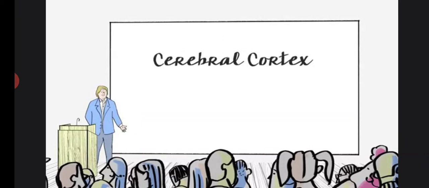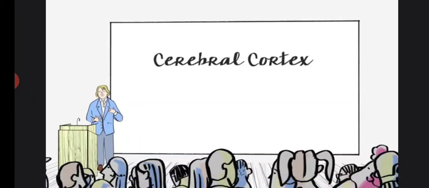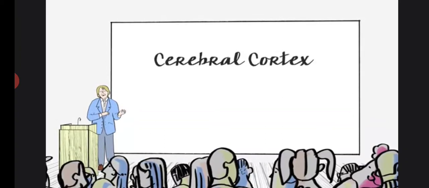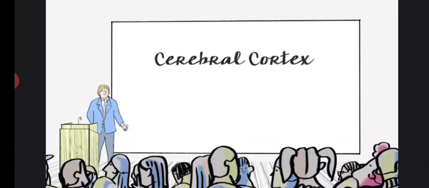There are different answers. So one answer is we can scan the brain. You can use MRI, which uses a high frequency magnetic field, to look at the activity of the brain, what parts are active when people do different things.